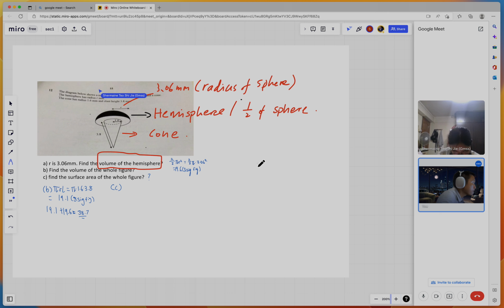Volume. I'm asking you to take a look at the notebook. What are you looking at now? I'm looking at the notebook. Yes. So what do you have? Never mind. Use your phone. Take a picture. WhatsApp over. I want to see your formulas. By the way, I'm asking for volume here.